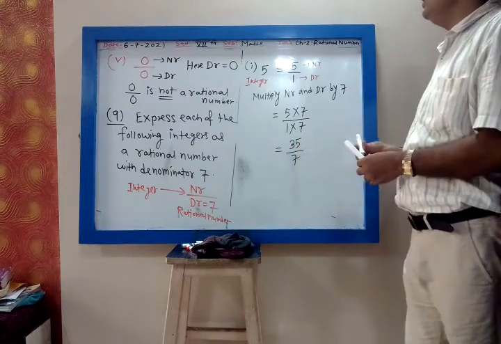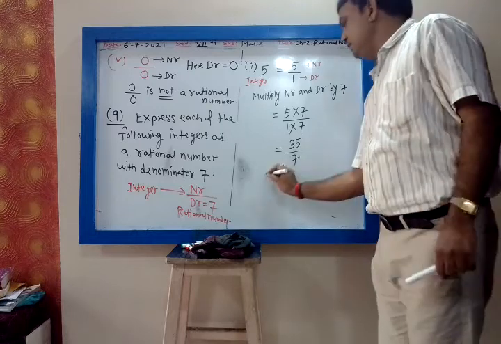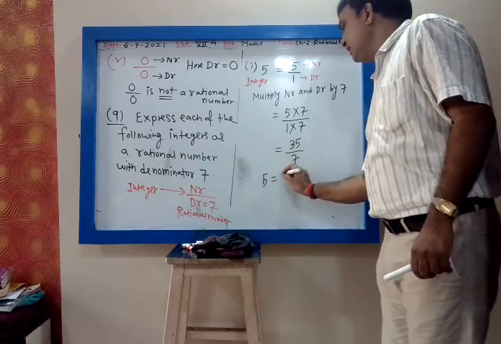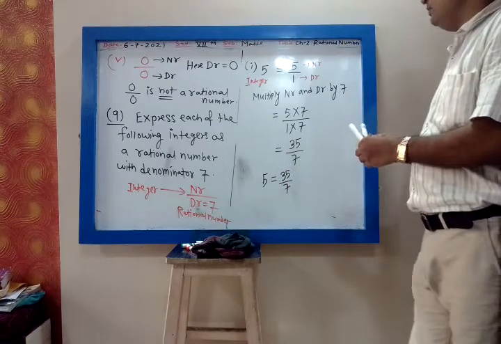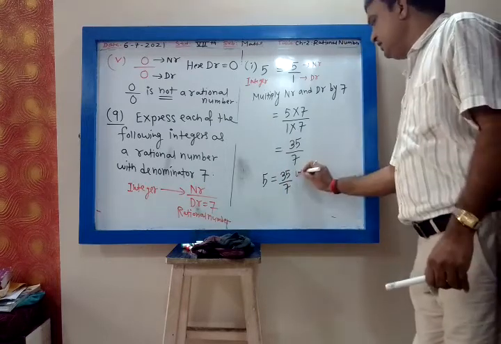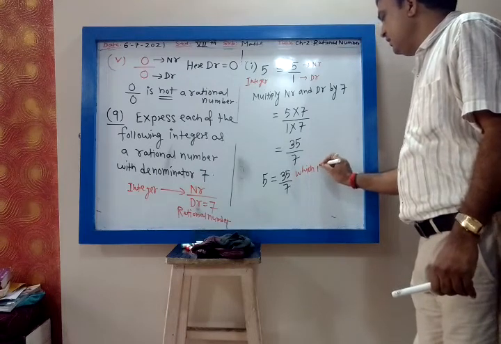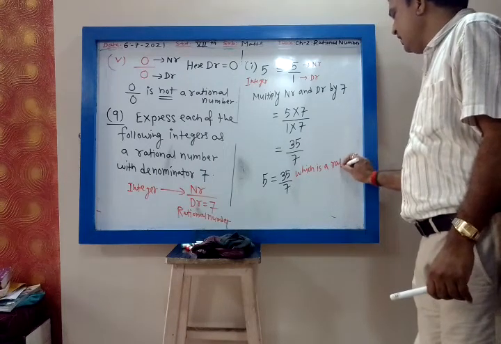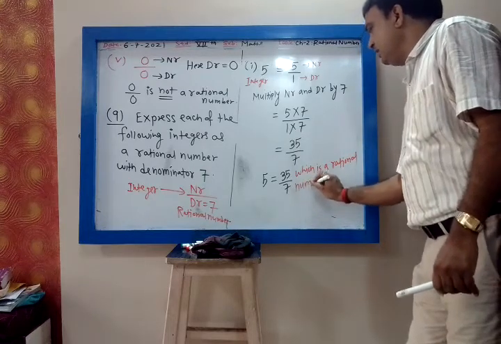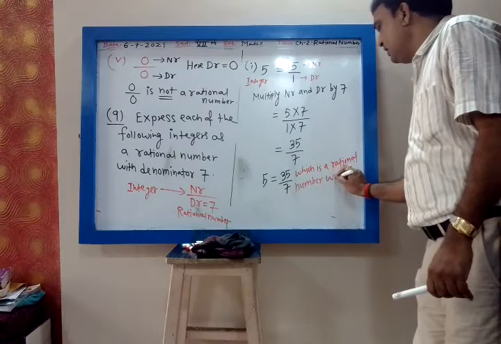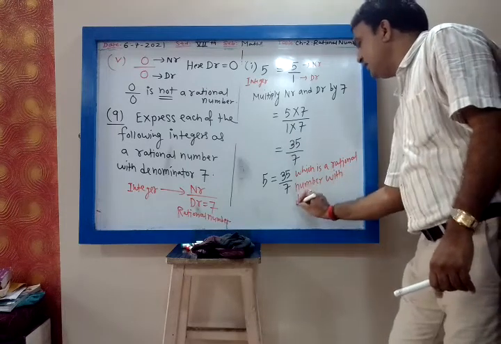So the answer is 35 upon 7, which is a rational number with denominator 7.